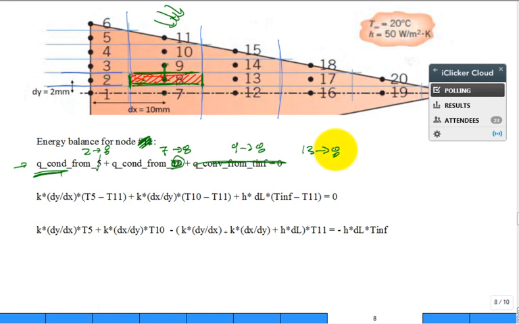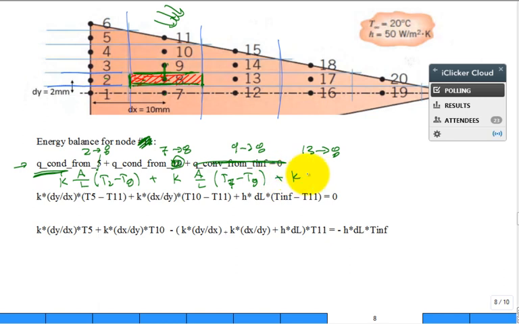Got it? So you say to yourself, it's got to be some thermal conductivity, some area divided by some length, times the temperature 2 minus temperature 8. Likewise, thermal conductivity, area over length, temperature 7 minus 8.